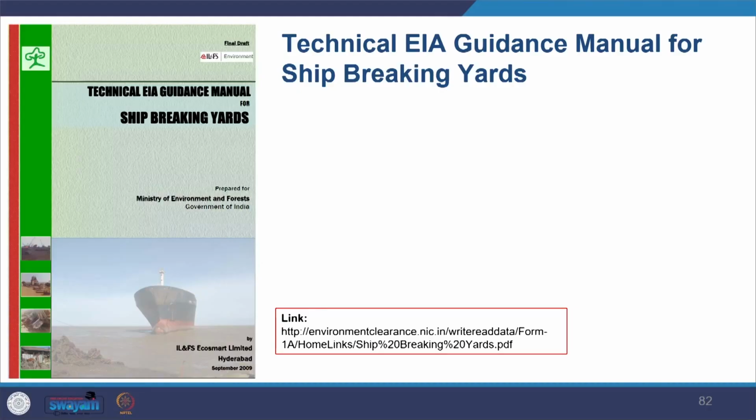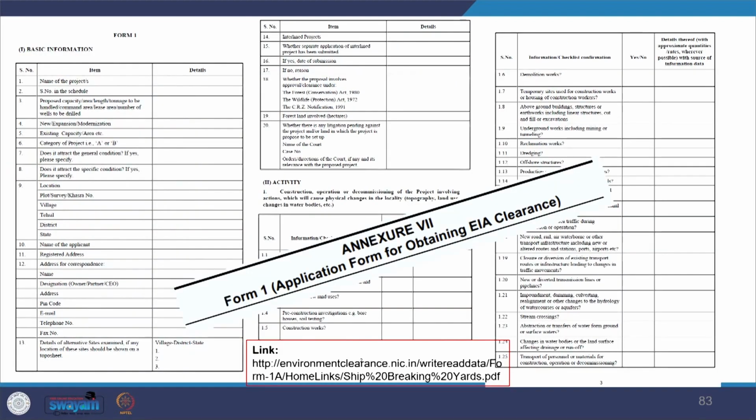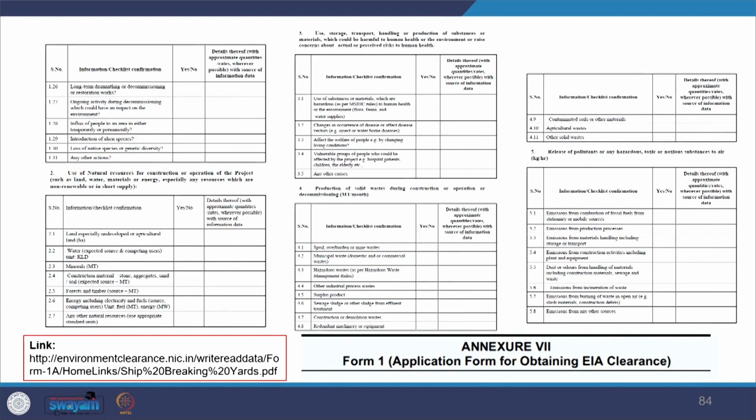So this manual is by ILFS, for the Ministry of Environment and Forests, Government of India. You undertake all this information, like the basic information about the project. In the base, you can see number 1. Number 2, you would see all the natures of activity, and it provides you with the information checklist confirmation. Then you see what kind of natural resources are used for construction or operation of the project, use, storage, transport, handling, or production.